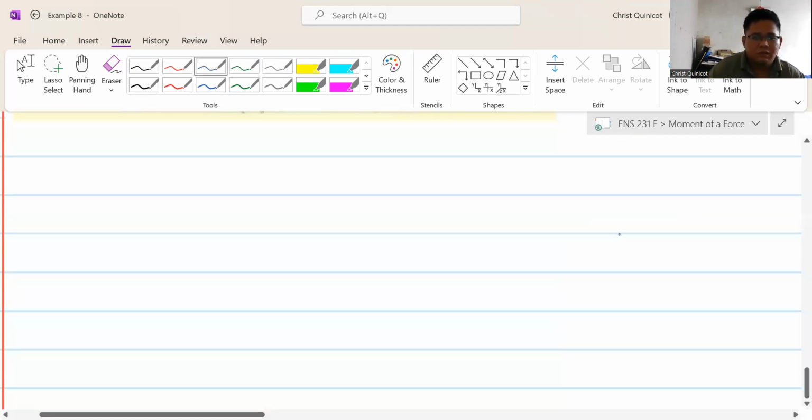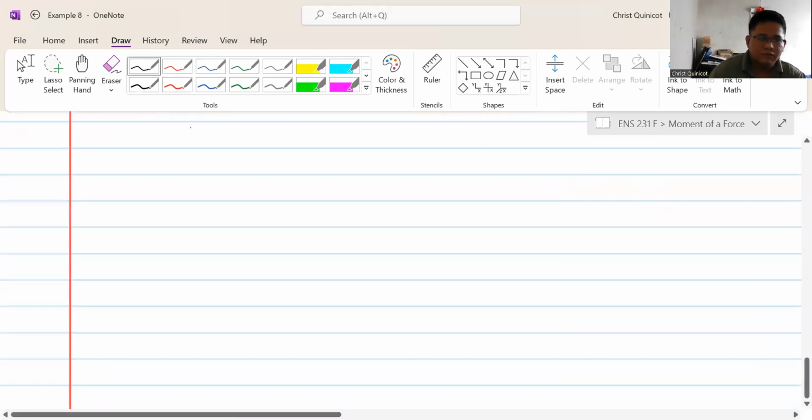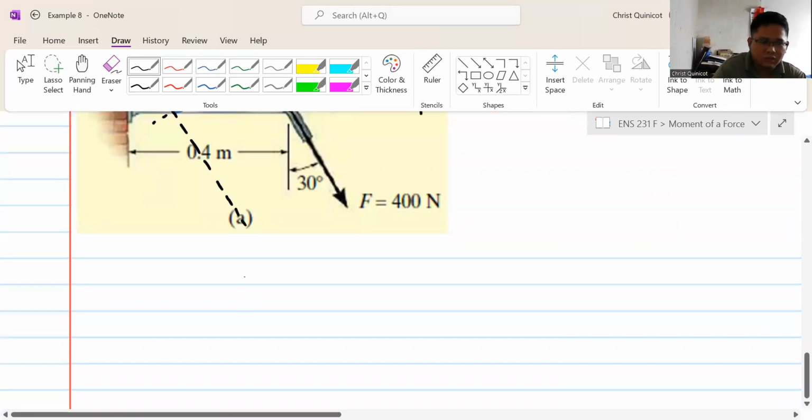So, if we take moment about point O following the original definition, assuming counterclockwise positive, it is equal to force times its perpendicular distance.